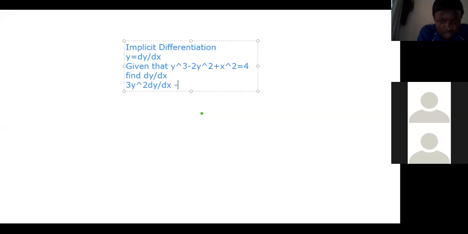Minus 4y dy dx. Daniela, what are you going to get? 2x. 2x is equal to, what are you going to get again? Zero. Correct.